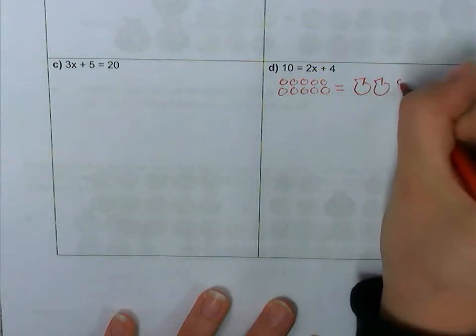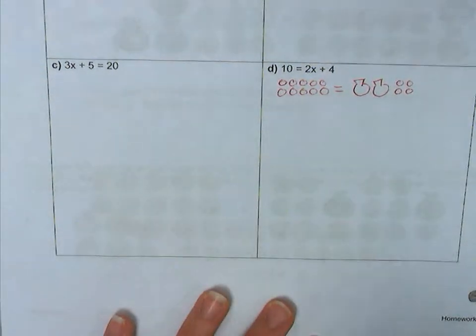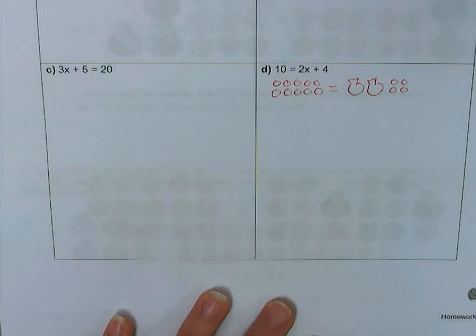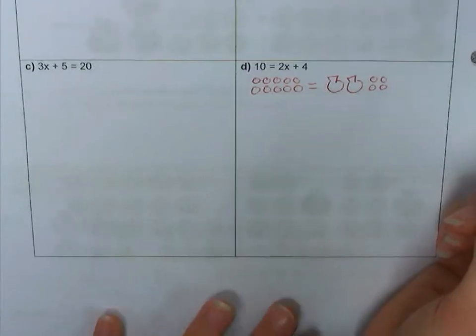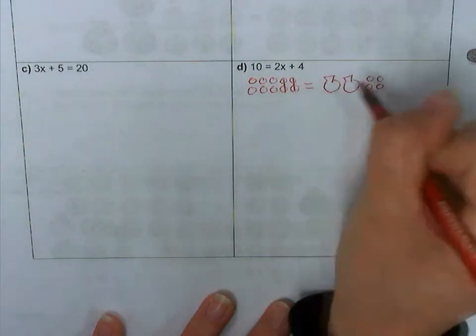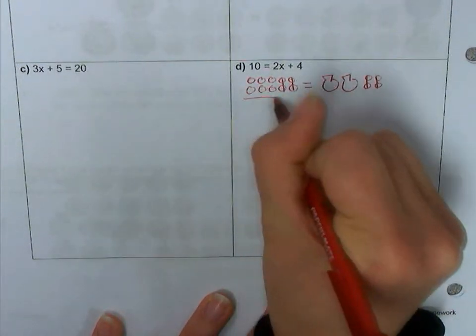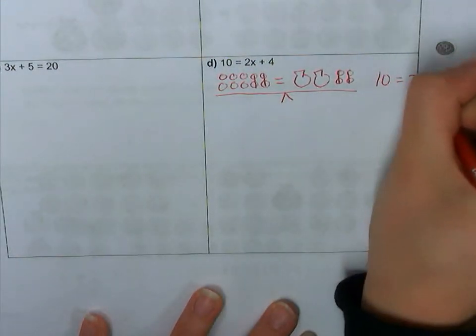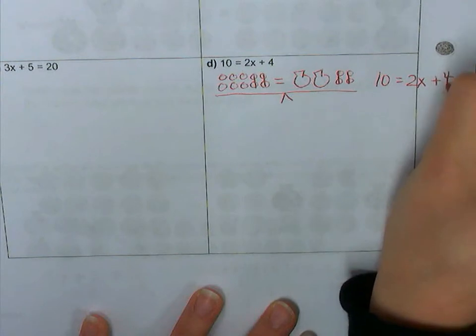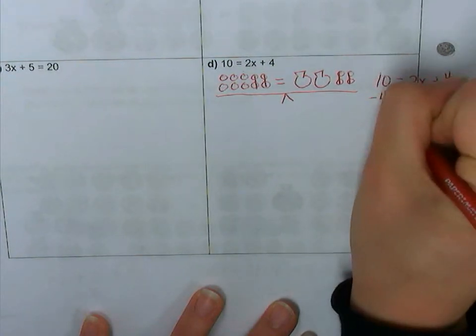So 2 pouches and 1, 2, 3, 4 coins. So if we wanted to determine how many coins were in each pouch, we'd probably take off 4 first. So remember, we're like on a teeter-totter. That would keep it balanced. So in our equation, we took off 4 here and took off 4 here.